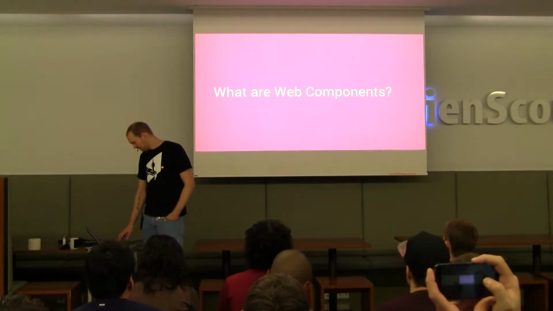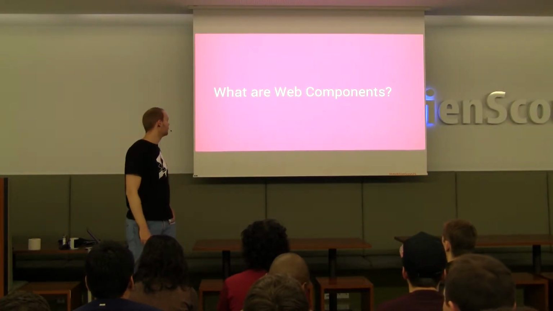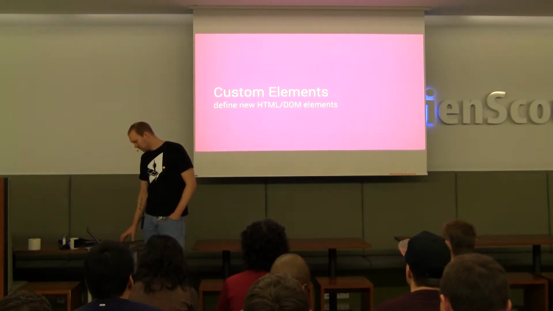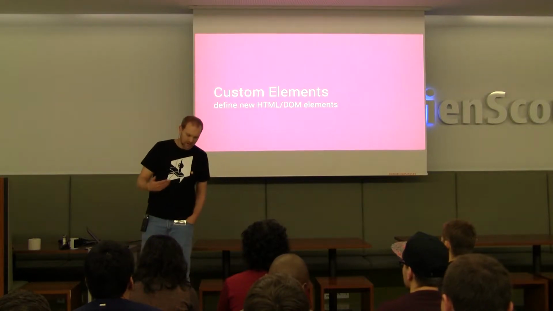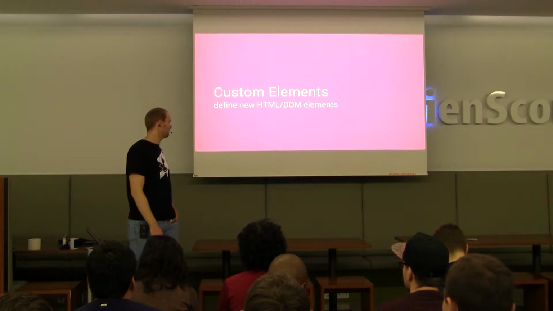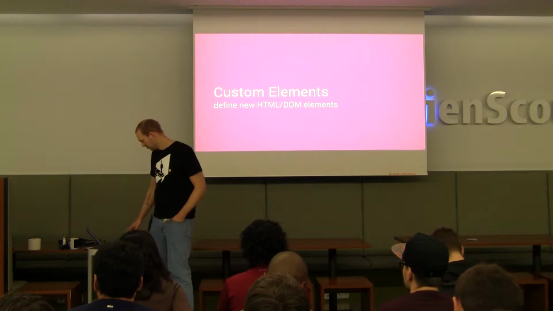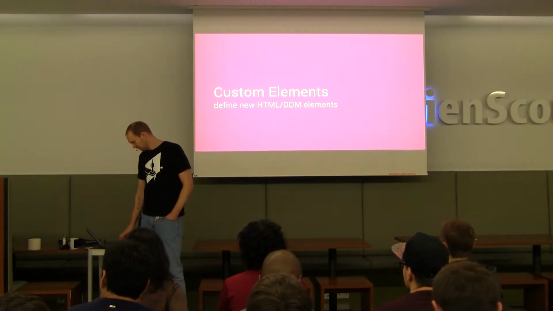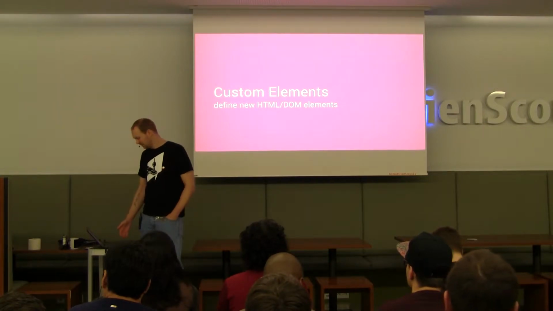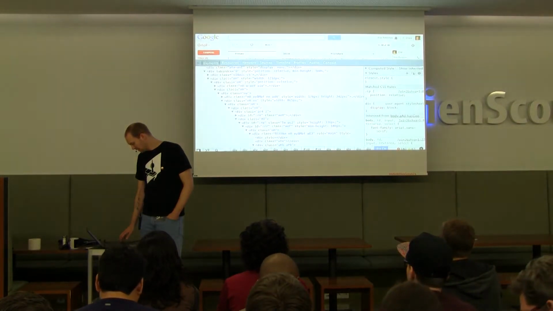But to get more on the question, what are web components? Not just to show you. I'm going to show you 4 key technologies that are really important for working with web components. The first is the custom element, which means that you define new HTML for your web application.